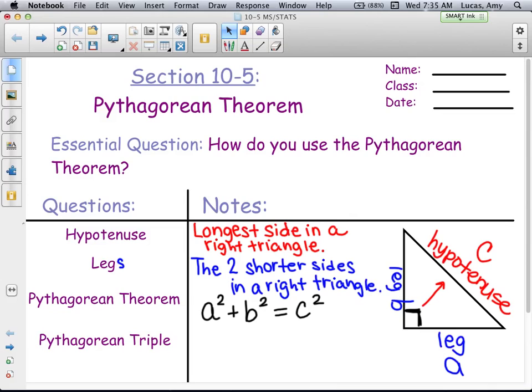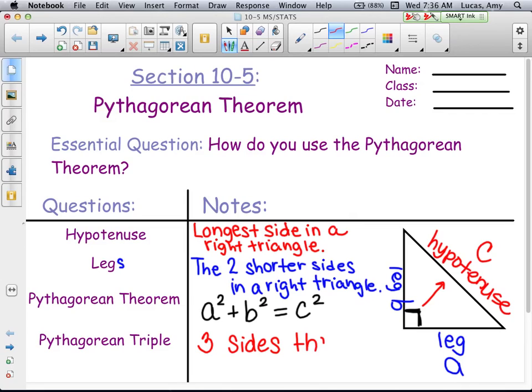A Pythagorean triple, then, would be 3 numbers, 3 side lengths that are true when you plug them in the Pythagorean theorem.